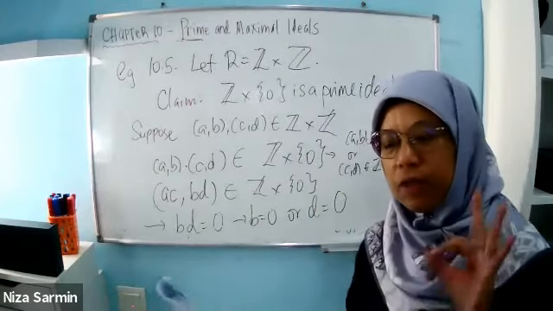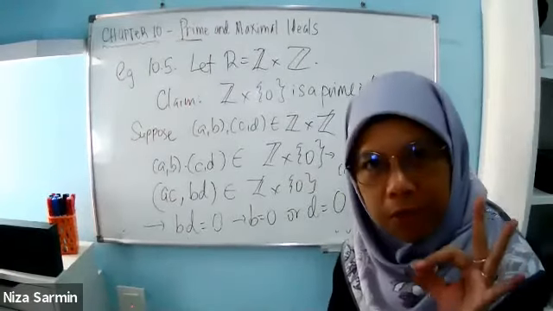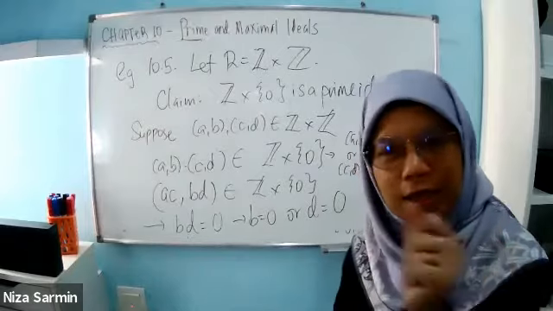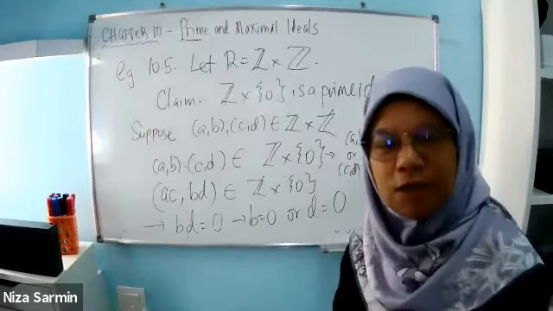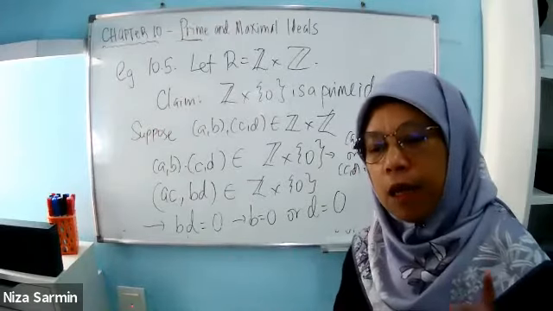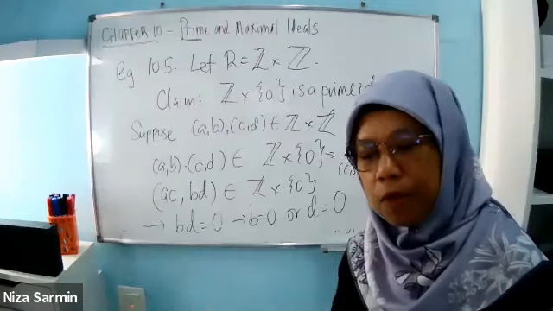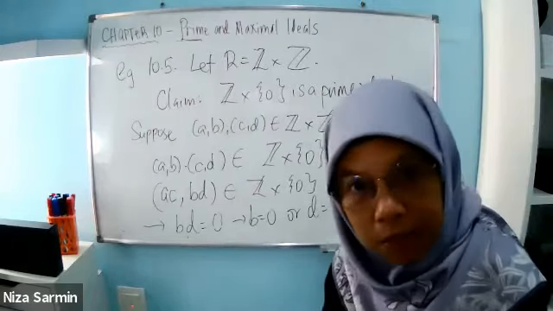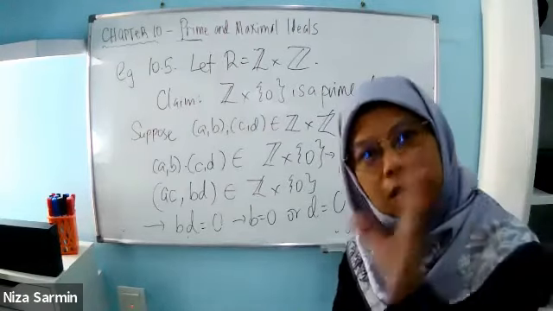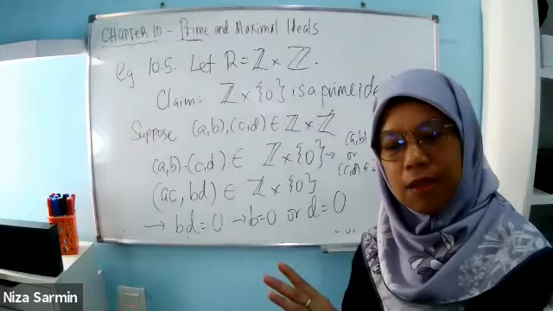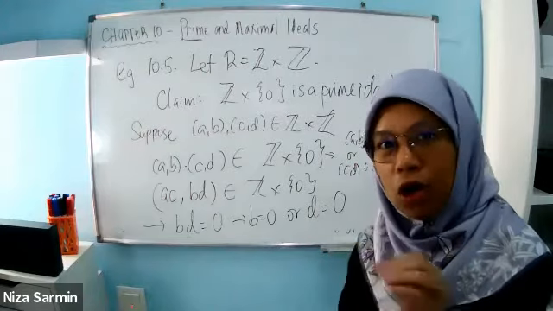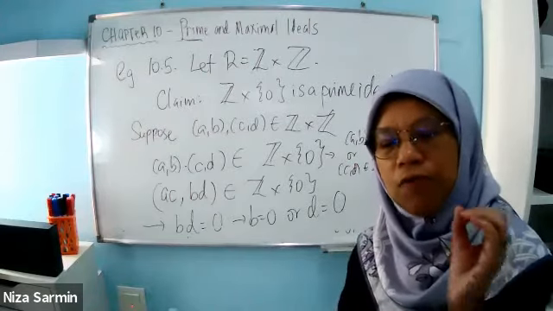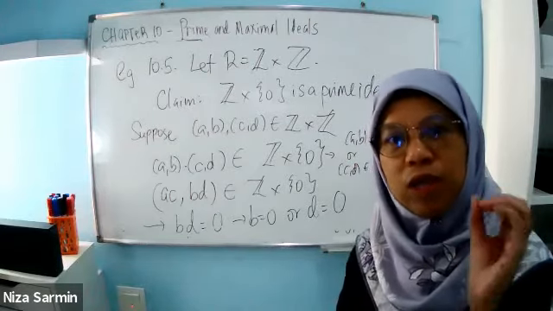So we have three things that you have to remember. You can highlight this or put it in a box. This is very important. An ideal M of R is maximal if the quotient is a field. But all this you can do only if you have a commutative ring with unity.